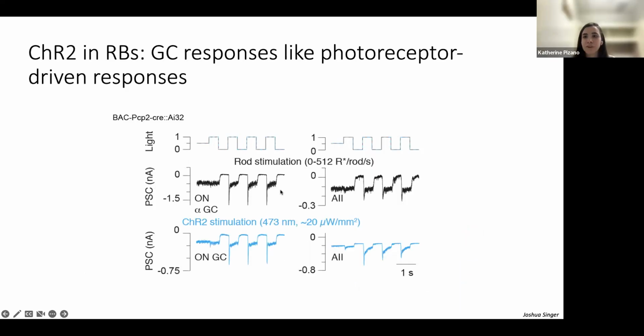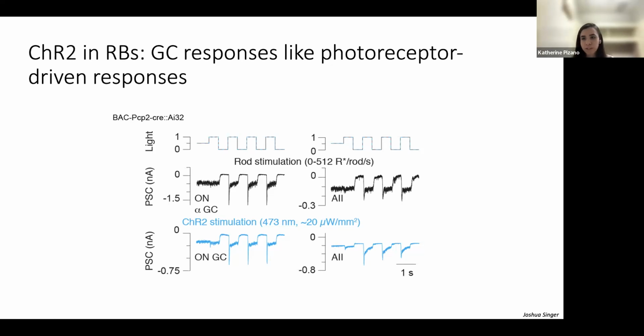But before we do our white noise stimulus, we first wanted to confirm that we can drive responses in the rod bipolar pathway using channelrhodopsin that are comparable to photoreceptor-driven responses. While cone bipolar cells signal directly onto ganglion cells, rod bipolar cells instead signal to ganglion cells indirectly via this A2 amacrine cell. And it's this A2 amacrine cell that then makes excitatory or inhibitory outputs with bipolar cells.